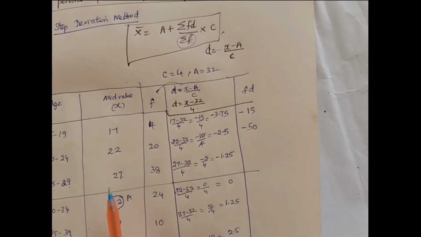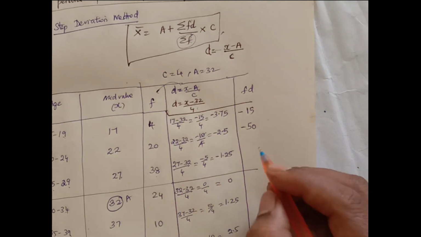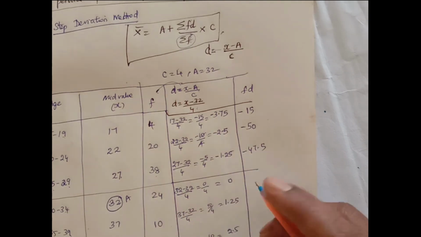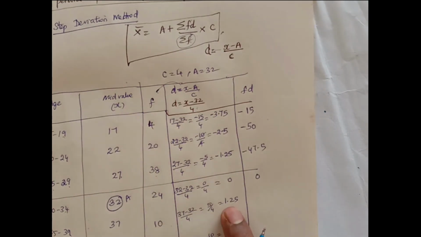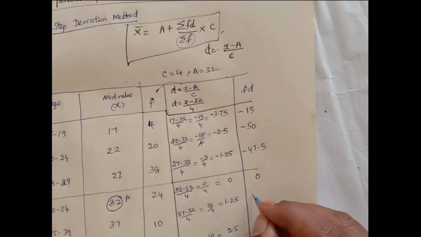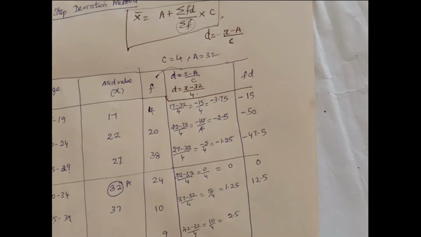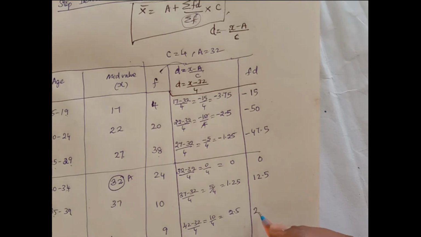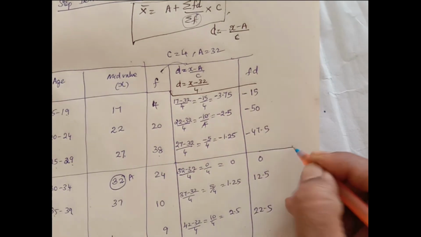It's clear, children? Then 38 into minus 1.25, that is minus 47.5. 24 into 0 is 0. 10 into 1.25 is 12.5. 9 into 2.5 is 22.5. It's clear, children? Right?